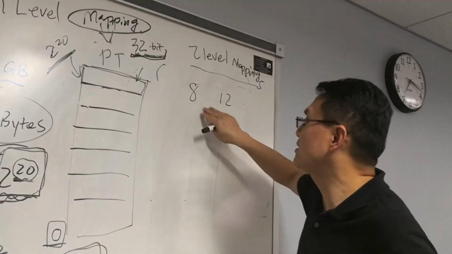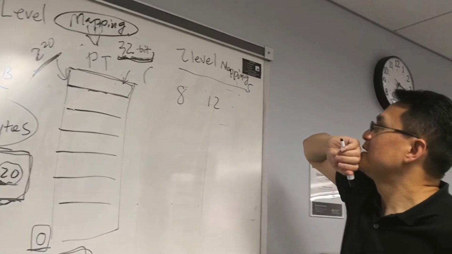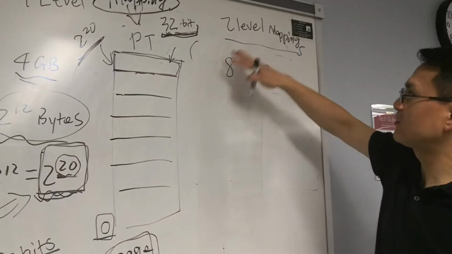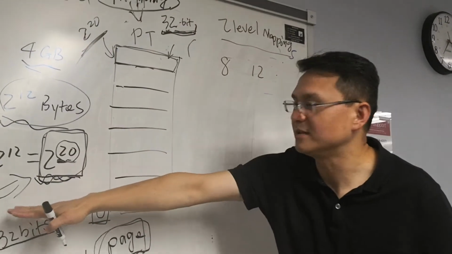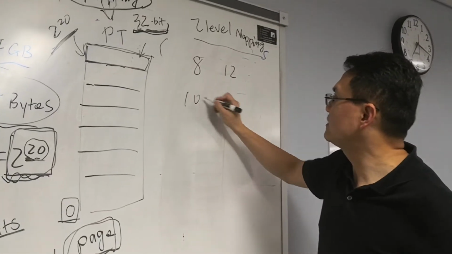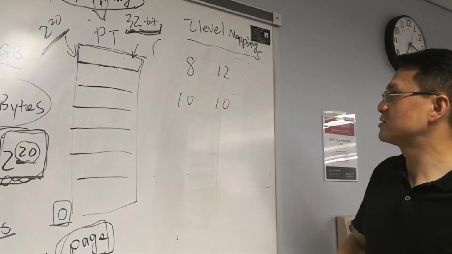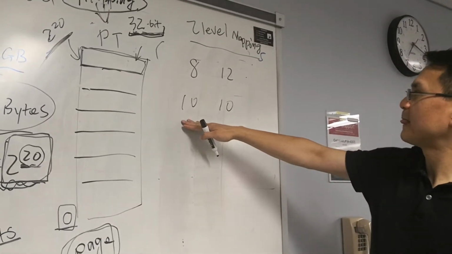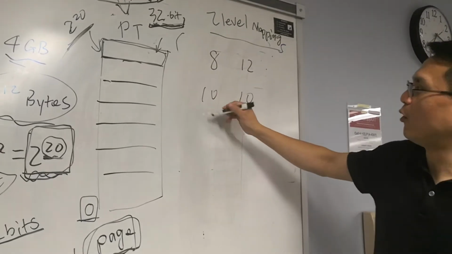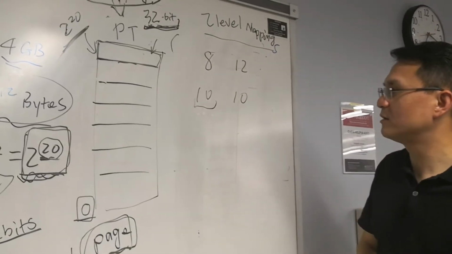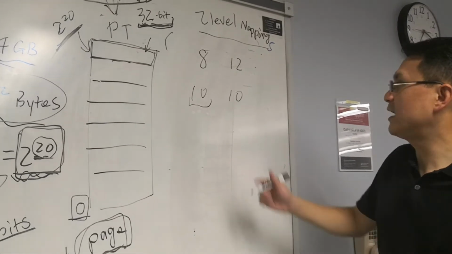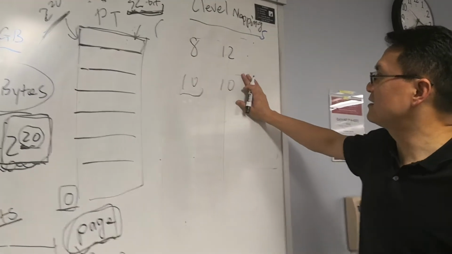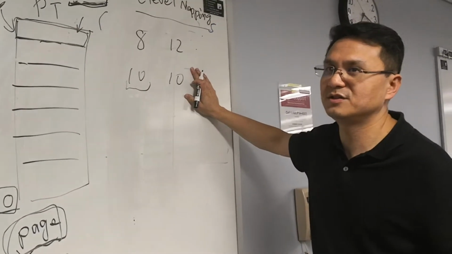Actually, normally, yes. Normally, if you have 20 bits for the number of pages, they do 10 and 10. So the advantage is that if you have more entries in the first level, sometimes people make the second level large.